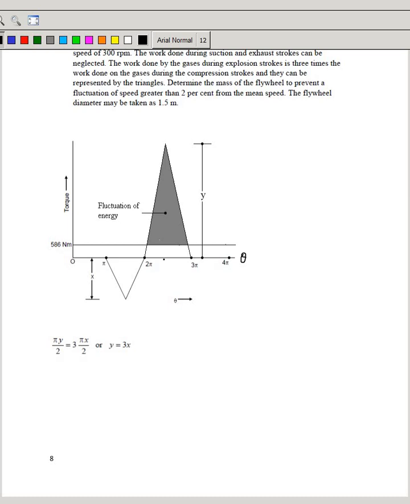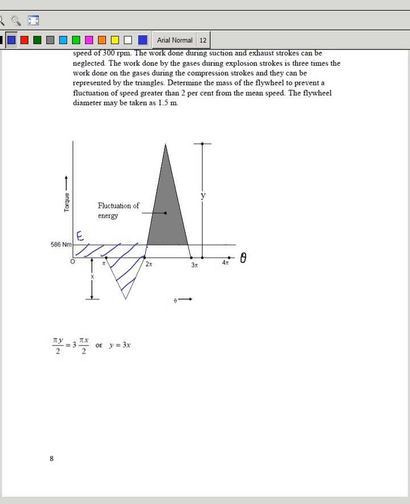But what is the fluctuation of speed? If you consider that the energy here is E, then this negative area below the mean torque line, 586 Newton meter, is negative.